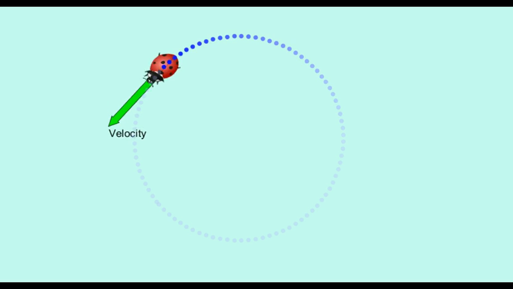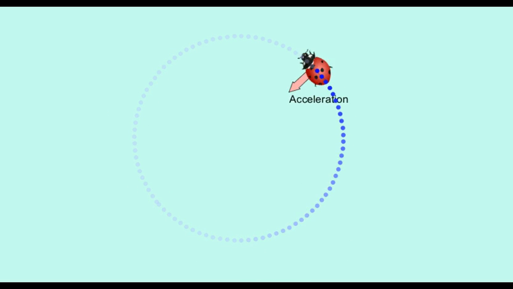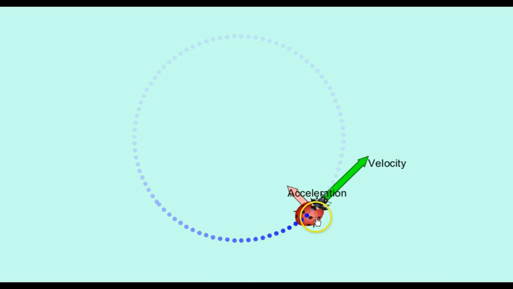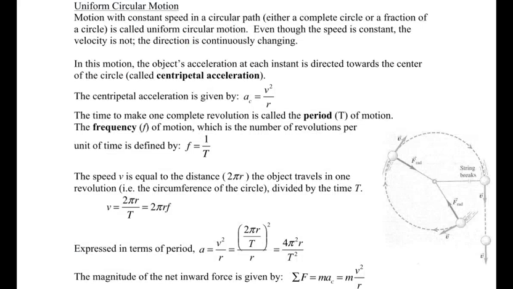And so what we end up getting is an acceleration that is towards the center. In fact, if you look at them both, the angle between the acceleration vector and the velocity vector is perpendicular to one another. You see, acceleration is the rate of change of the velocity. And if the velocity is changing, then we have an acceleration.